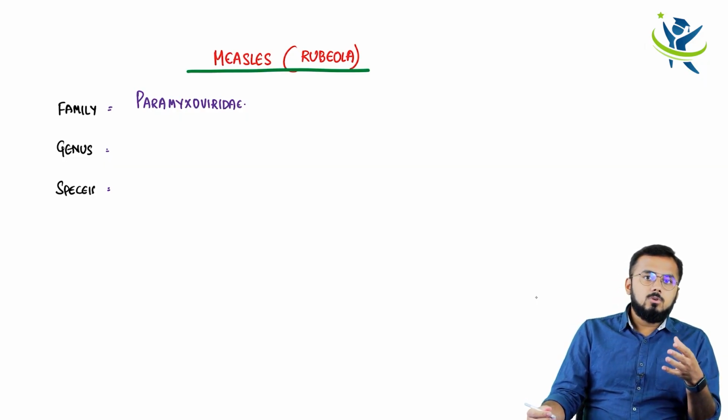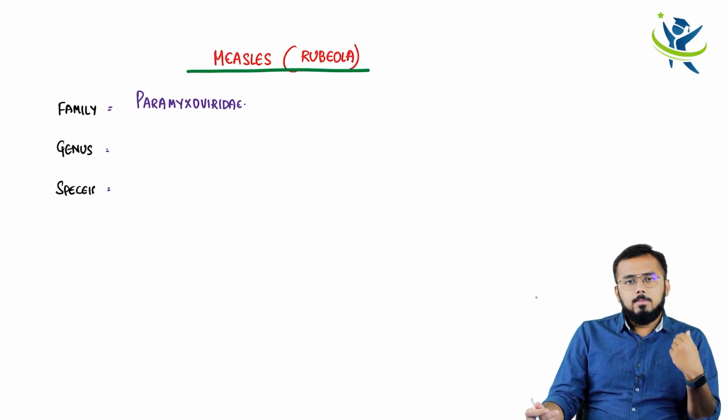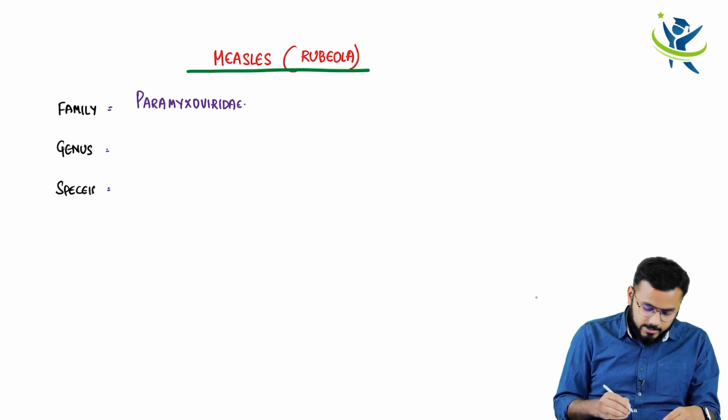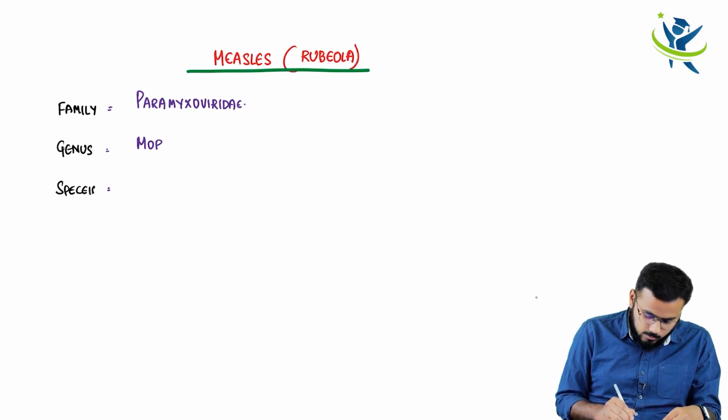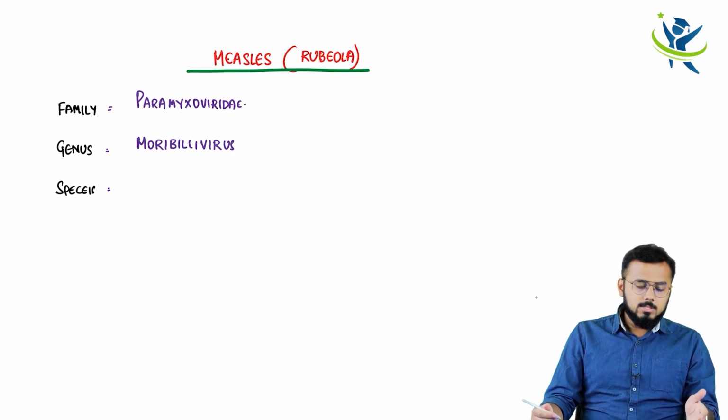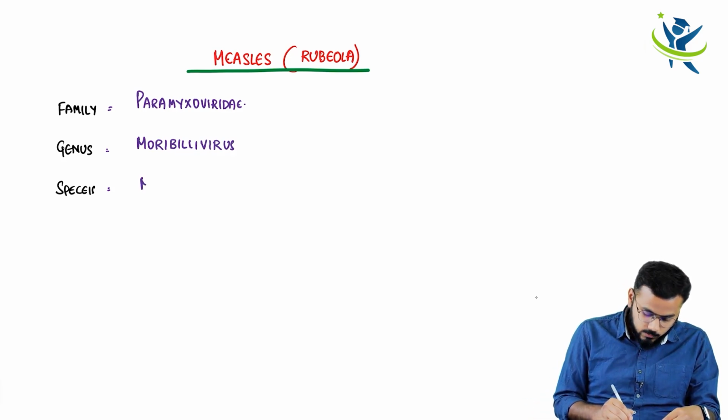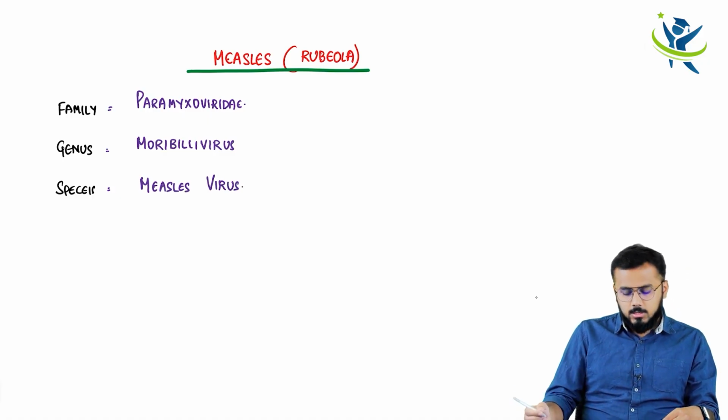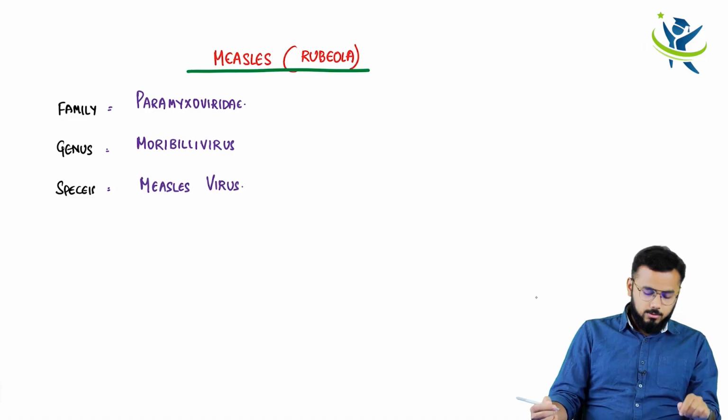It belongs to a genus called Morbillivirus. And what is the species? The species is your measles virus. So these are the three important things which you need to know.